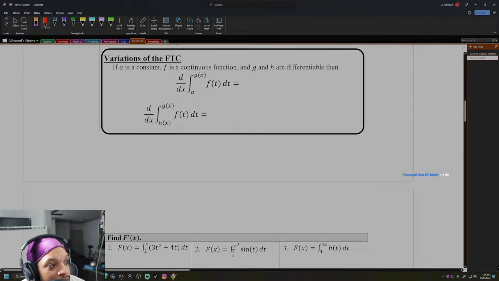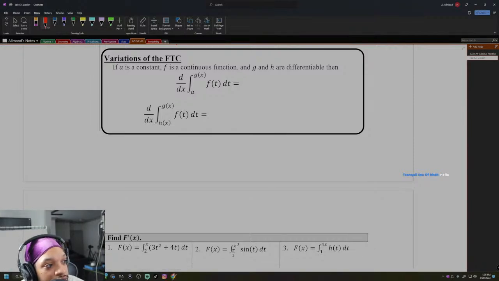Okay. Now, here's where it can get kind of tricky. You see how the bounds aren't from a to x? A to a function.